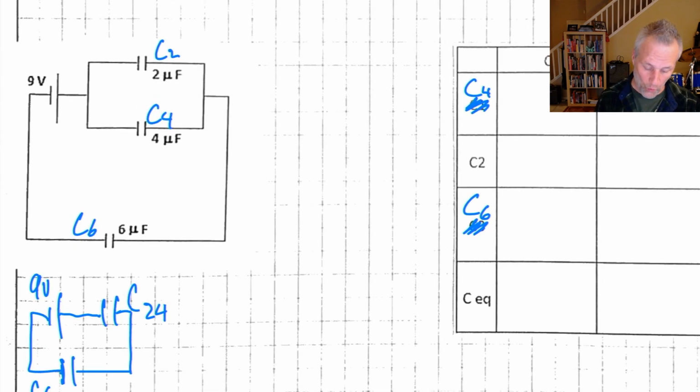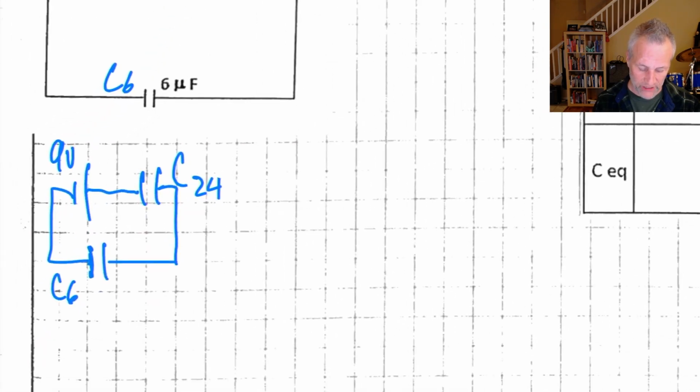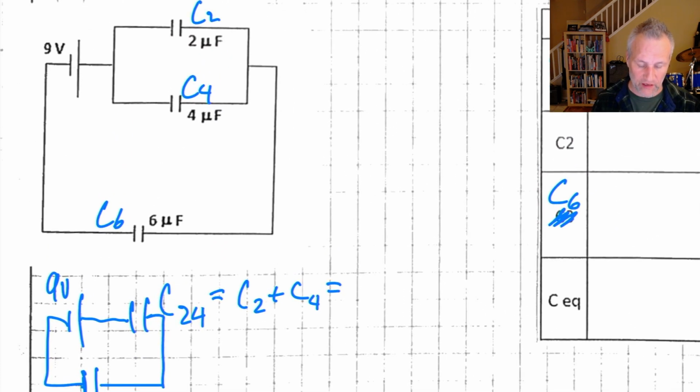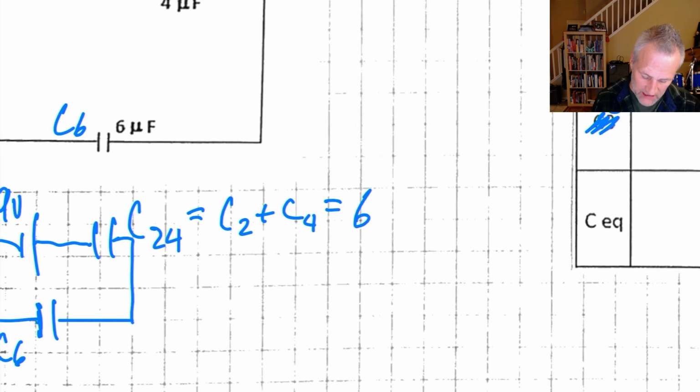This is one capacitor which replaces those two. And we would want to use the parallel rule there. The parallel rule for capacitors is pretty easy, right? C24 is going to equal C2 plus C4. So all I need to do is add those together. 2 microfarads, 4 microfarads. I'm going to get 6 microfarads.